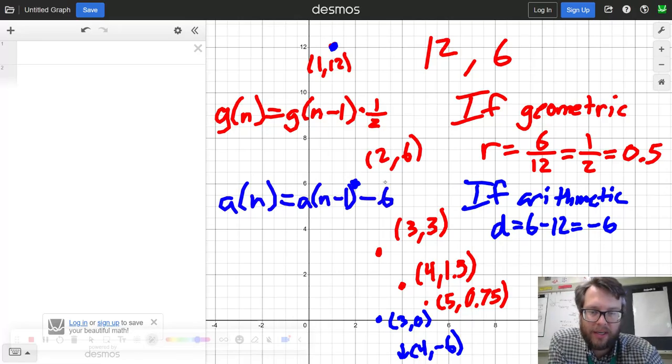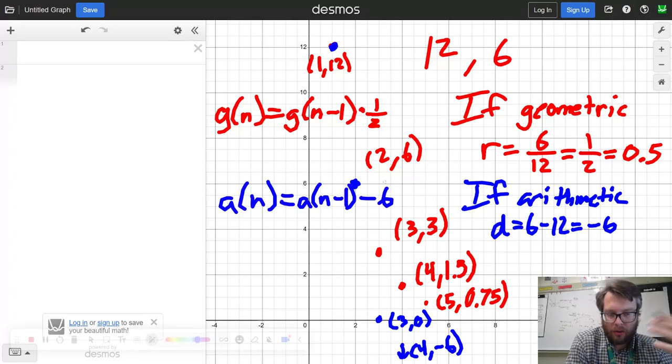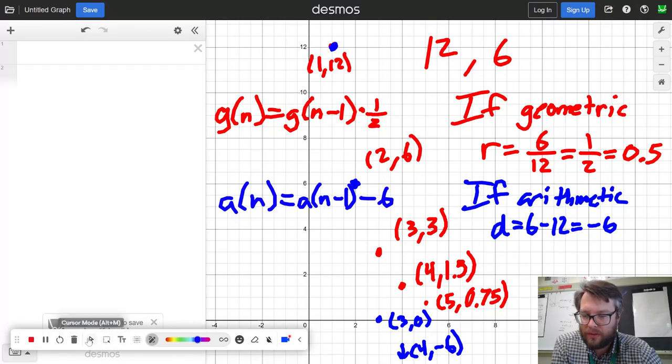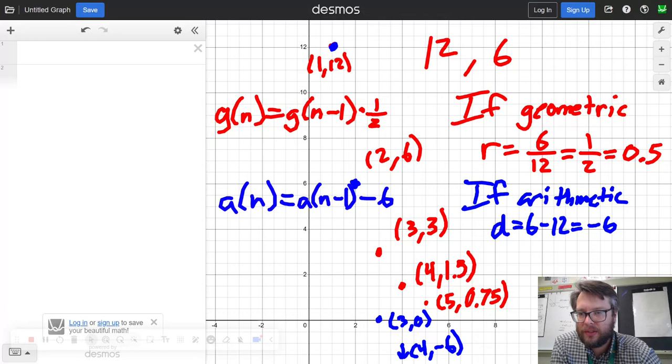Or you could say you add negative 6. Where we're going to go towards is taking those and then writing an equation for them. I'll show you how those look, writing an explicit equation for them. We've already done recursive equations.